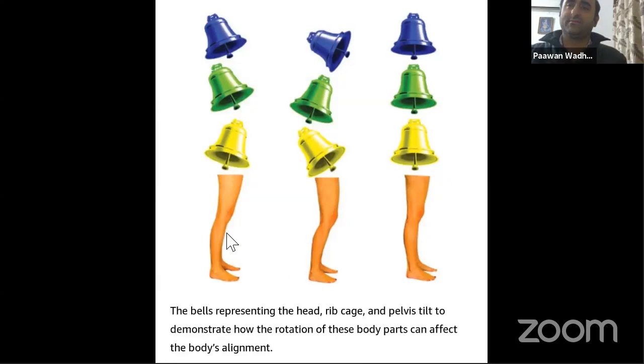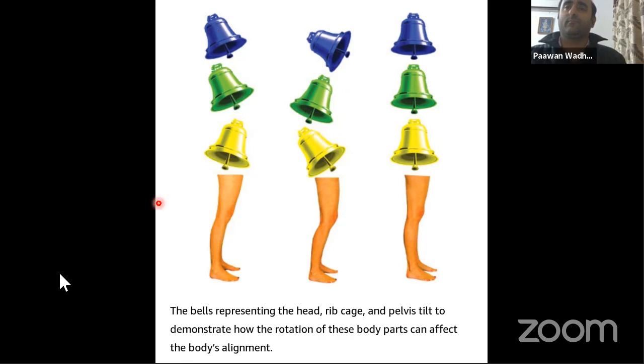These bells represent the head, rib cage, and the pelvis. They are tilting. So these bells are representing the tilt of the head, the tilt of the rib cage, and the tilt of the pelvis, to demonstrate how the rotation of these body parts can affect the body's alignment.